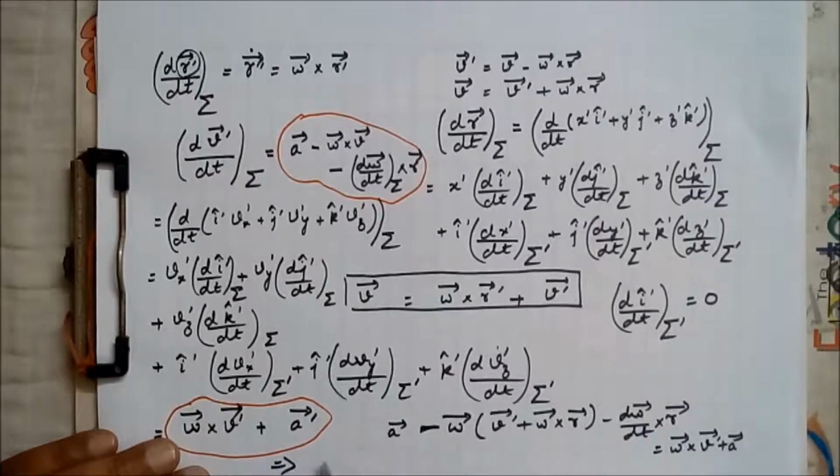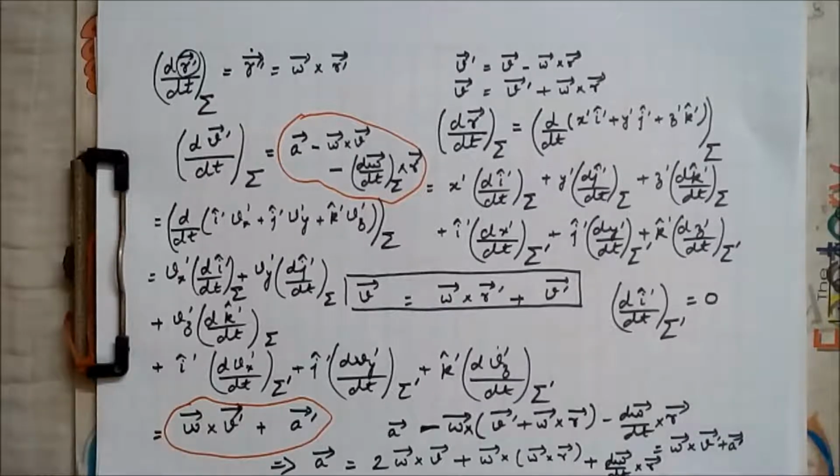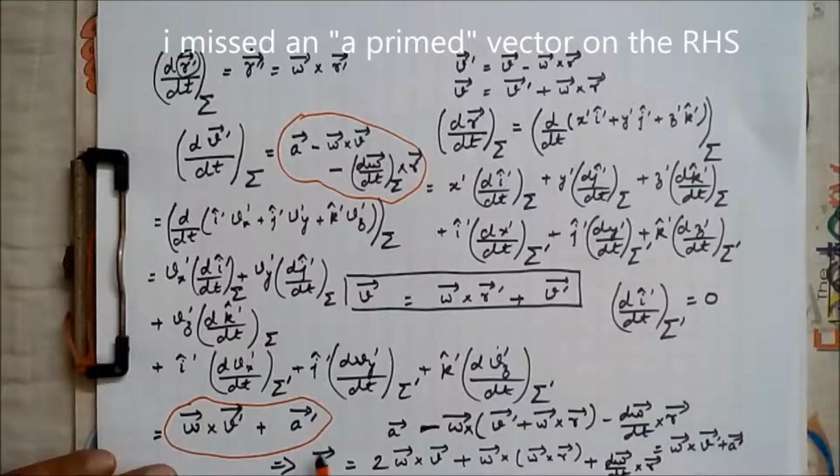Sorry, A prime vector. Let me just leave A vector here and bring the rest of the terms to this side. Then I shall get minus omega cross V prime plus omega cross V prime. I'm bringing this minus omega cross V prime to that side, so I shall get twice omega cross V prime. I shall get a plus omega cross omega cross R, and I shall get a plus d omega over dt cross R. So I'm back to the same expression.